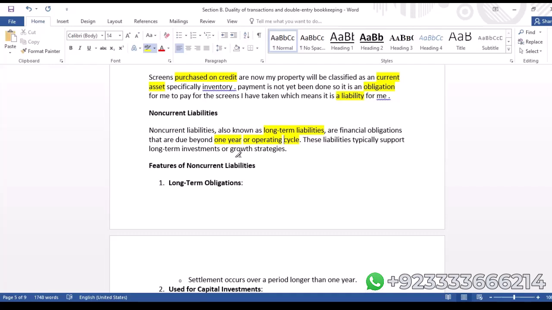We need some big money. We need some big amount. We need some non-current liability in order to make a non-current asset. We need big investments to make a big factory. So both of the things are linked.